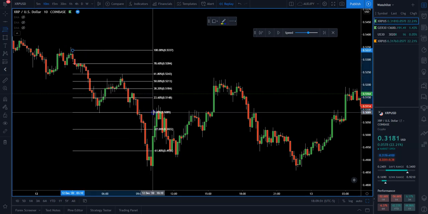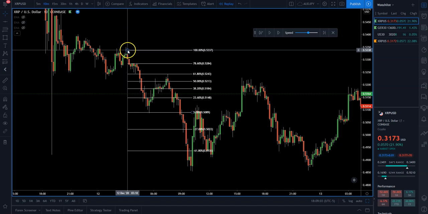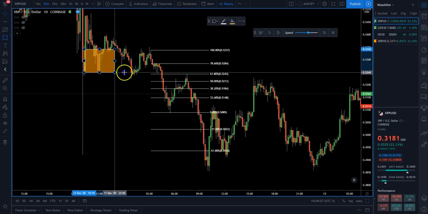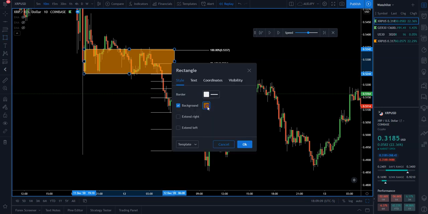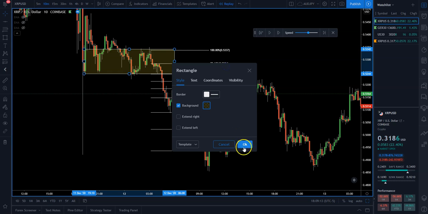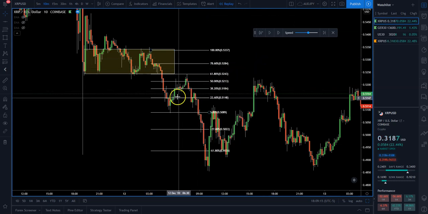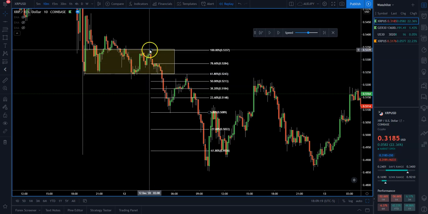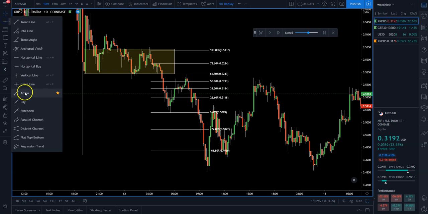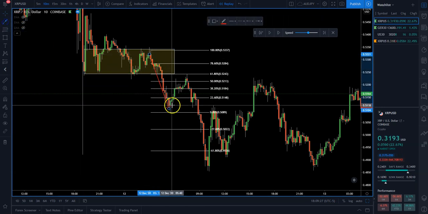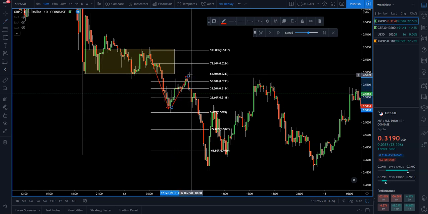So now this, we have a downtrend one. From the top, impulse, retracement.